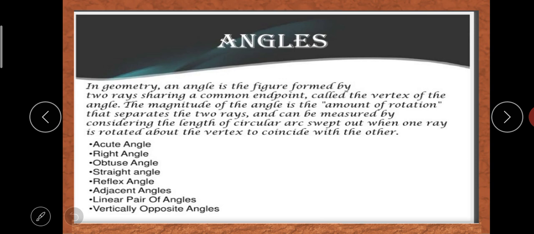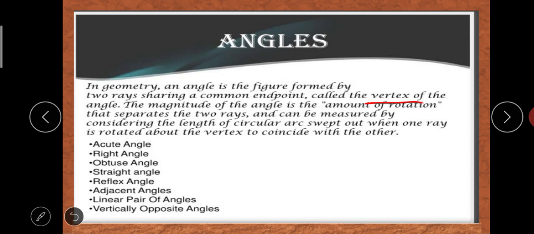Next, about angles. In geometry, an angle is a figure formed by two rays sharing a common endpoint, which we call the vertex of the angle.